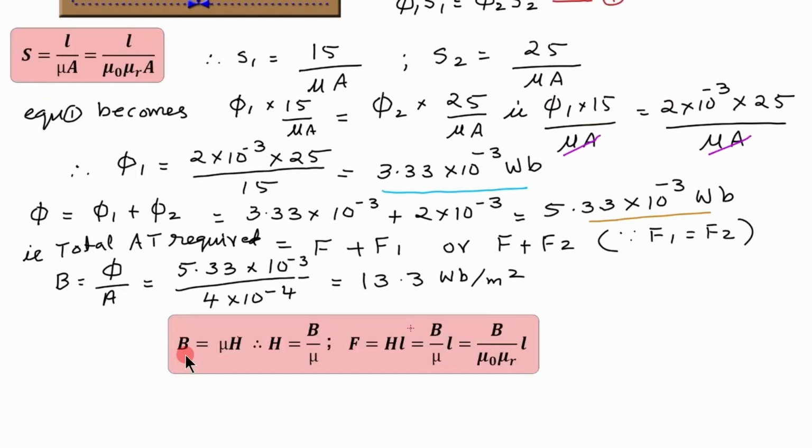See the formula, flux density B is equal to mu into H, therefore magnetizing force H is equal to B by mu.